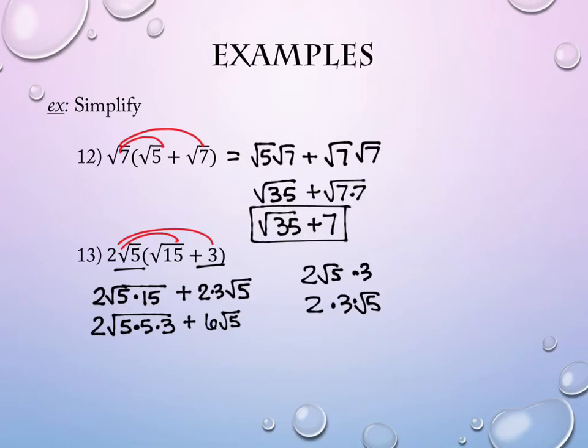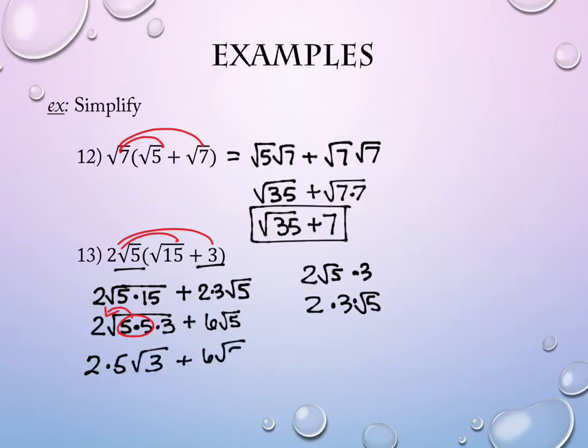What's going on in the first one? There's a pair of 5s. So this pair of 5s can come out once. There's already a 2 out here. Now there's also a 5 out here. Again, anytime you bring something out, you multiply by what's in front. And you have the 3 left over underneath.